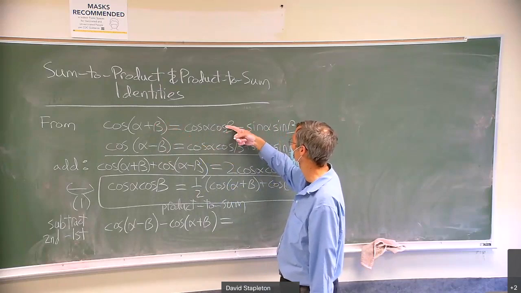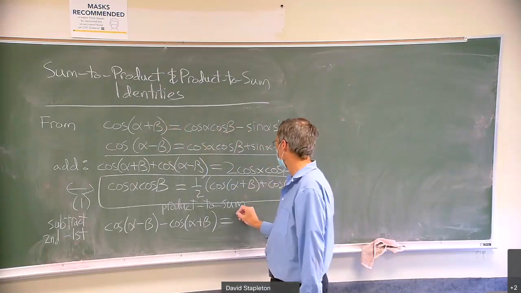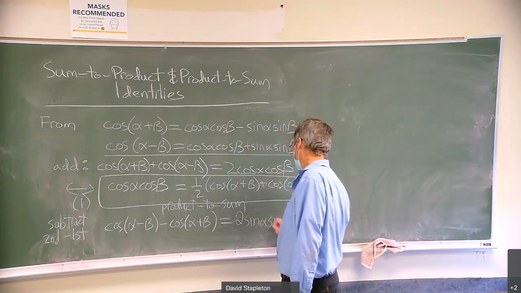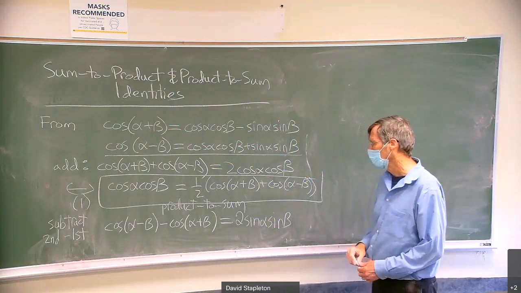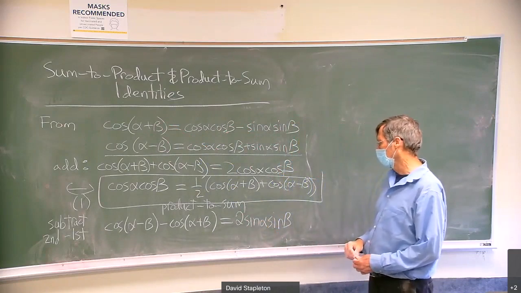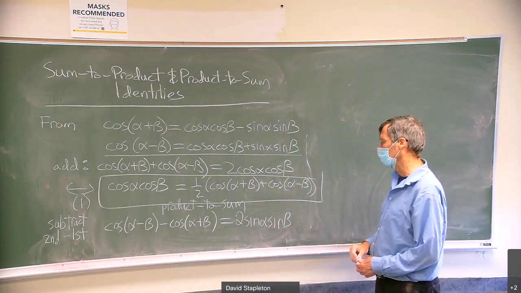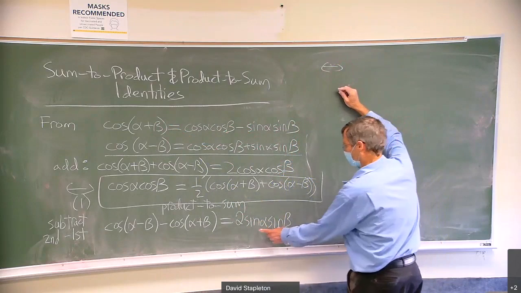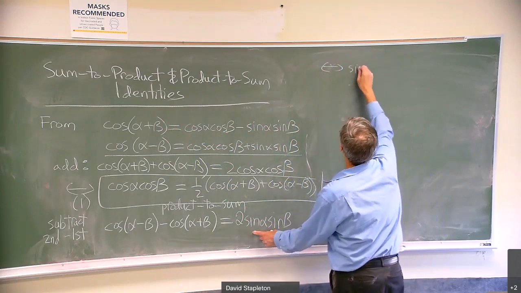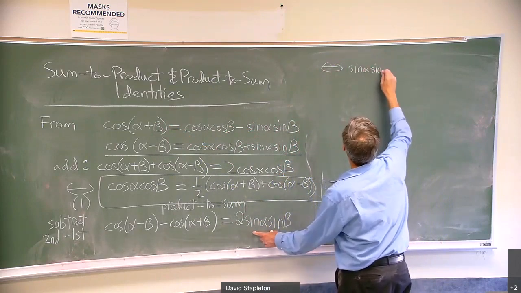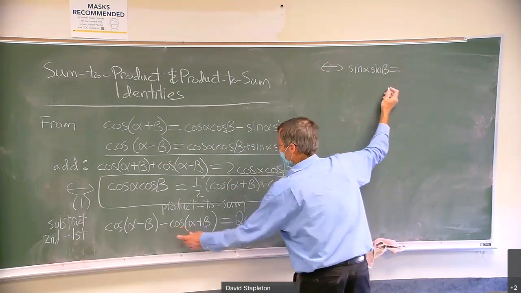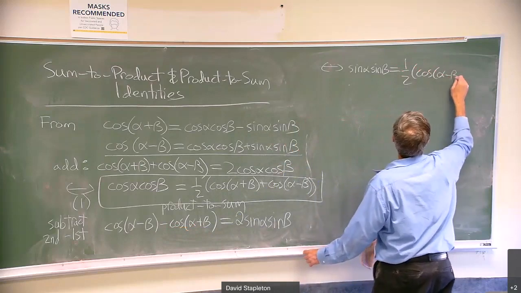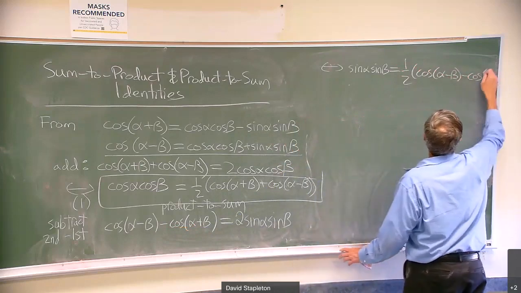Now the cosines cancel, and I get this one minus this one is 2 of these: 2 sine alpha sine beta. There it is. And if I, again, switch sides and divide by 2, I get equivalently, 1/2 of this on the left is sine alpha sine beta, equals on the right 1/2 of this, 1/2 times cosine of alpha minus beta minus cosine of alpha plus beta.